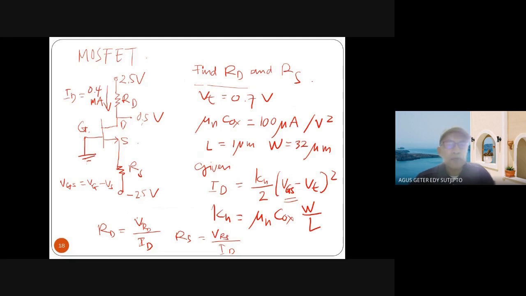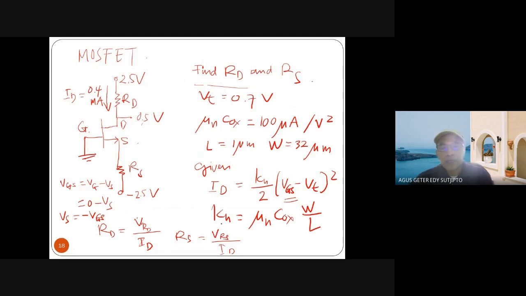So we can have VGS equal VG minus Vs. And from this Vg and Vs, we know that the G terminal is grounded, meaning that Vg equal 0. So VGS equal 0 minus Vs. So then we can have Vs equal minus VGS.